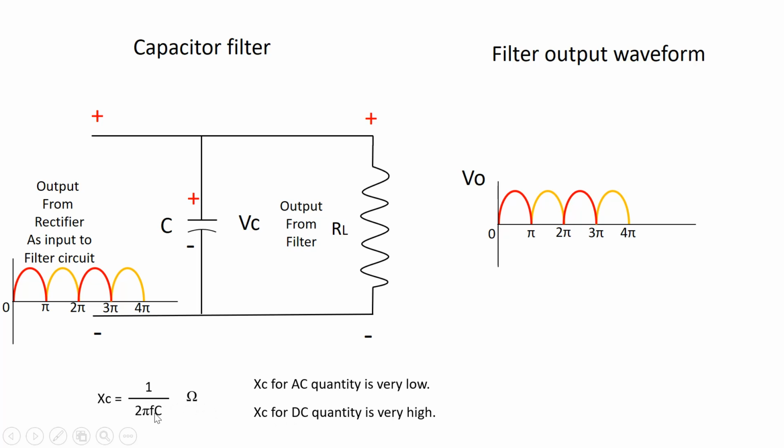When the lower value is in the denominator, the Xc value will be very high. For a pure DC with frequency equal to 0, Xc would be infinite.